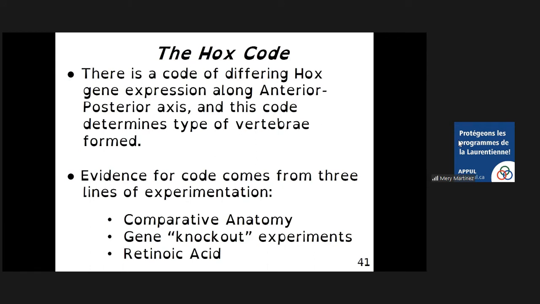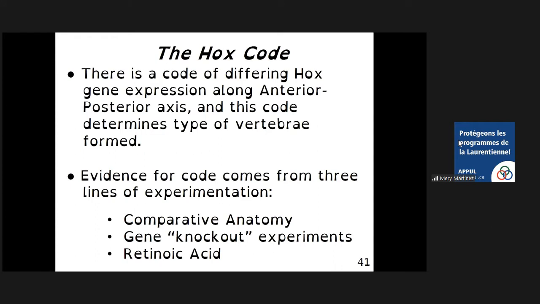Now, because this is preserved across the species, we're going to talk about the Hox code. The Hox code model predicts that a combination of Hox genes specifies the development of the anterior-posterior axis, as we saw in the previous slide. So it appears that there is a code of differing Hox gene expression along this anterior-posterior axis, and this code determines the type of vertebra formed by the individual.